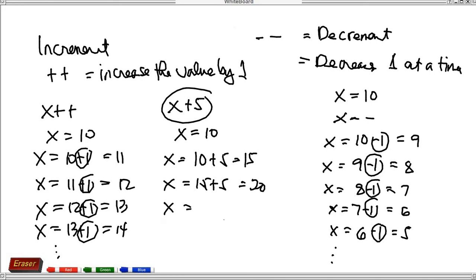So, x equals to 20 plus 5, that is equals to 25. Okay? So, take note that the increment will be by 5. Depending on what value you're going to put here, no? Kung x plus 3 or x plus 4, so 4 po the increment niya. Kung 3 po the increment niya. Okay? So that is how we are going to use the increment and the decrement.